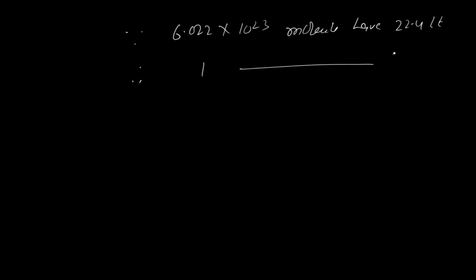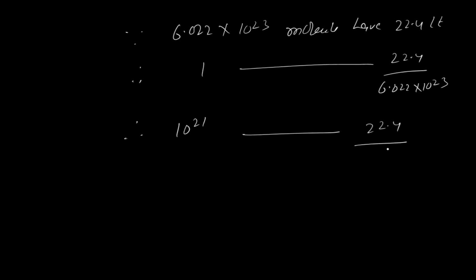So it will solve very easily. Since you use the unitary method again, 6.022 into 10 power 23 molecules have 22.4 liter by volume at STP. Therefore, for 1 molecule, this will be 22.4 divided by 6.022 into 10 power 23, and therefore for 10 power 21 molecules, it will be 22.4 divided by 6.022 into 10 power 23 into 10 power 21.